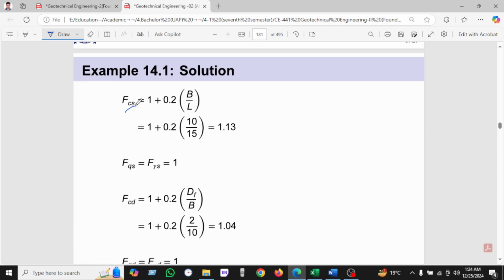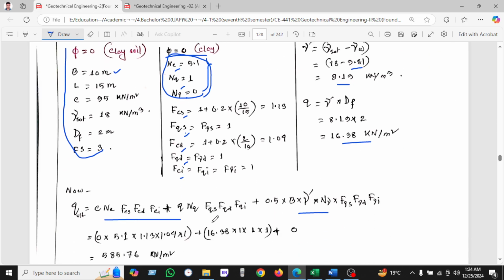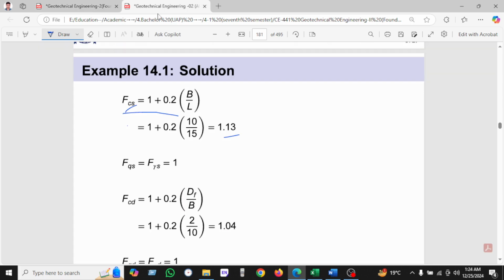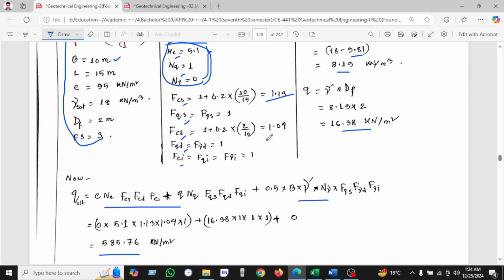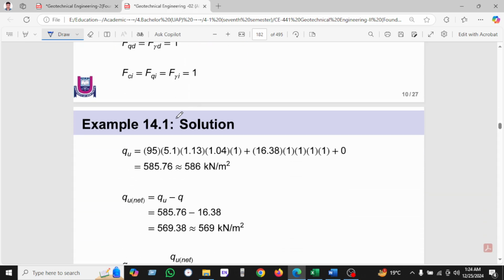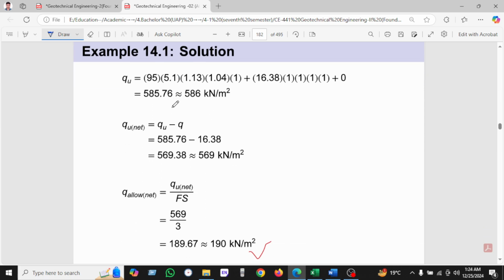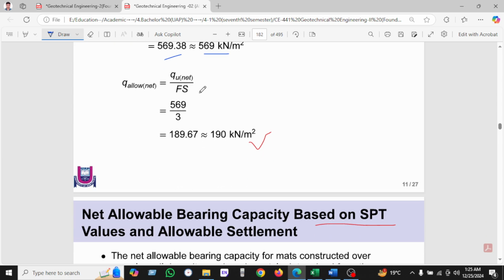This is the shape factor we have calculated, 1.13 here, and found Fqs equal to 1, Fcd equal to 1.04. So you can see 1.04 here, and all the data is found, the ultimate is found here, and the q net is found as 569.38, which is 569 kN per square meter, and allowable is net divided by factor of safety, which is 189.6.